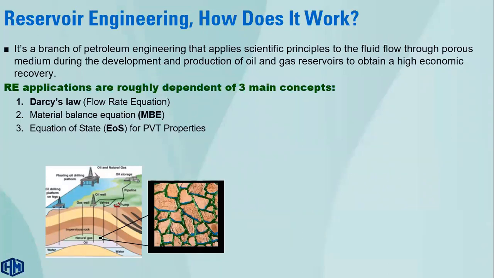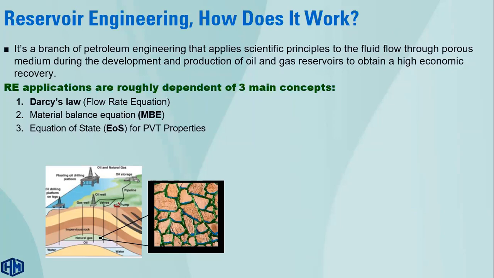The last one is the equation of state, or PVT model, because the properties of reservoir fluids like oil density, oil viscosity, or formation volume factor, and so on, are typically dependent on pressure. And during the development of oil reservoirs, the pressure declines from the initial or average reservoir pressure to the bottom hole flowing pressure, or BHFP, and then to wellhead pressure.